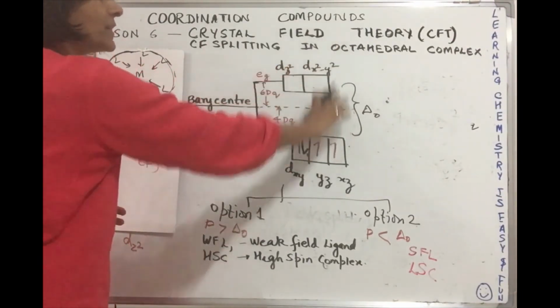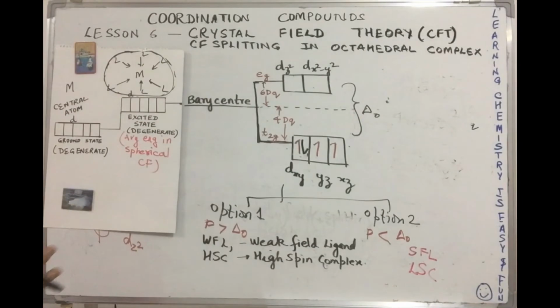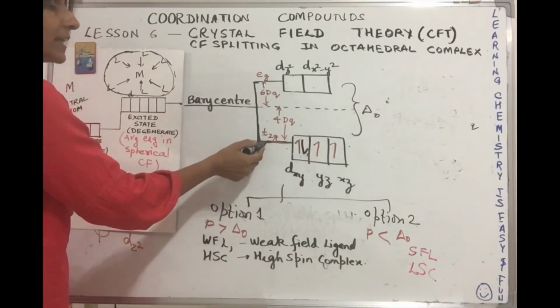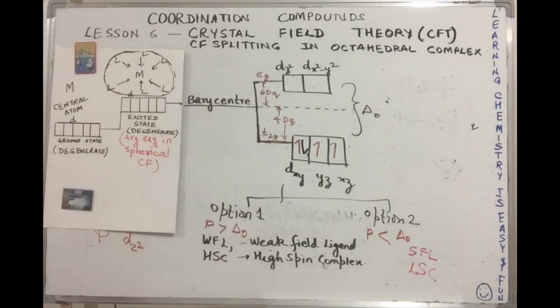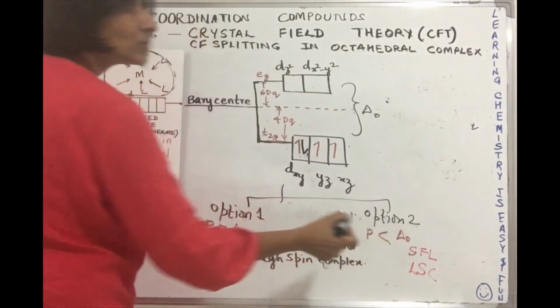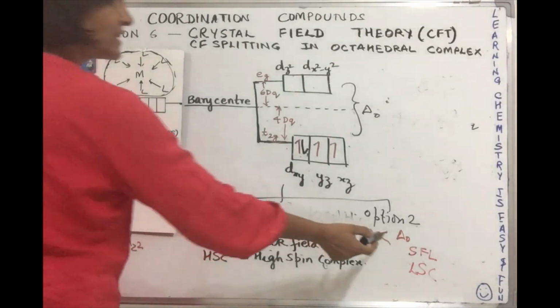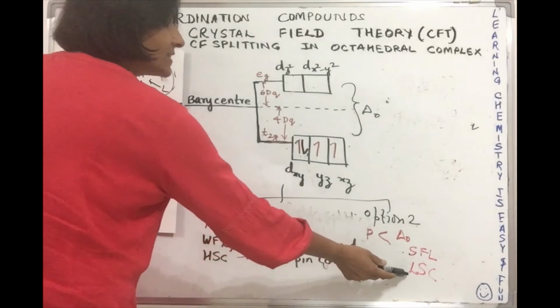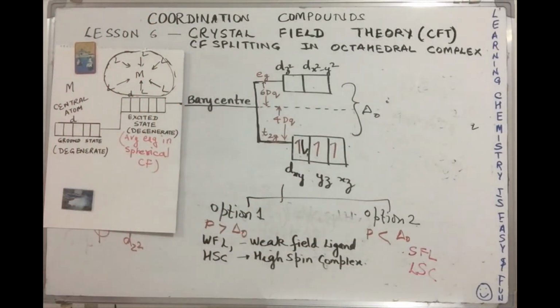So the crystal field splitting here is greater compared to the pairing energy. So the electron now starts pairing up the electrons in the T2G set of D orbitals. This happens when the ligand field is strong. So we say strong field ligands cause pairing, and such type of complexes are called as low spin complexes.